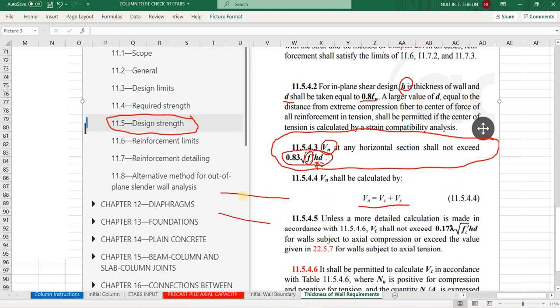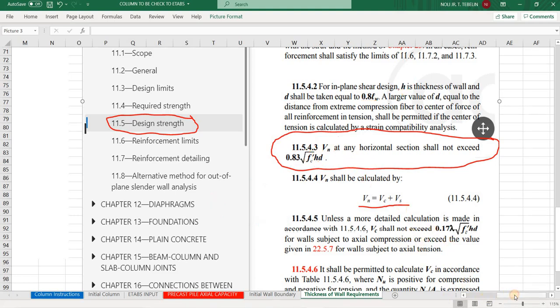So if this is your h, thickness of wall, and this is your Lw, I mean, this is your d, this is 0.8 of Lw. So you have Lw, 0.8 Lw, that is the value to use to find Vn. Okay? So you will now have this value.